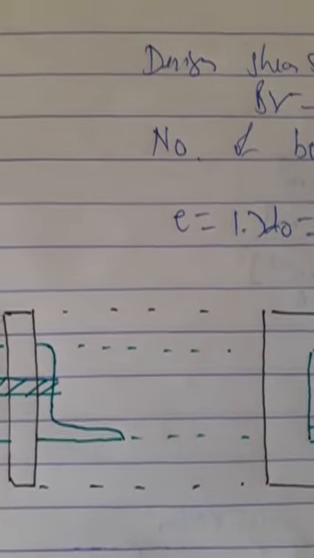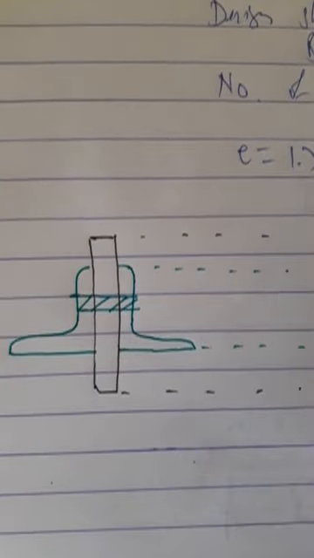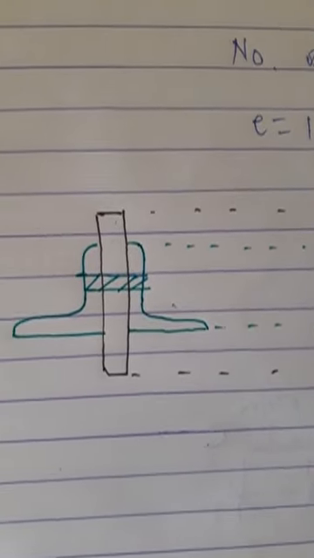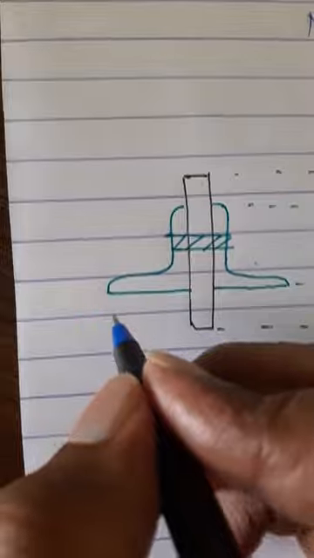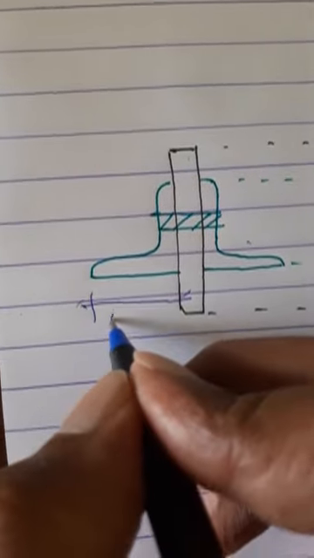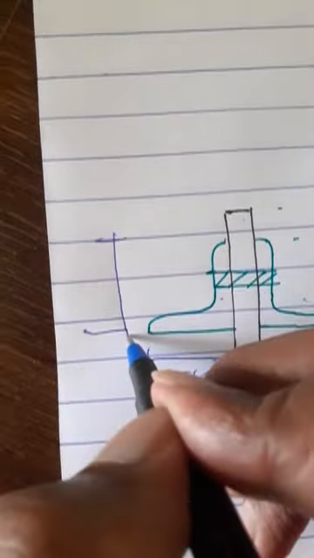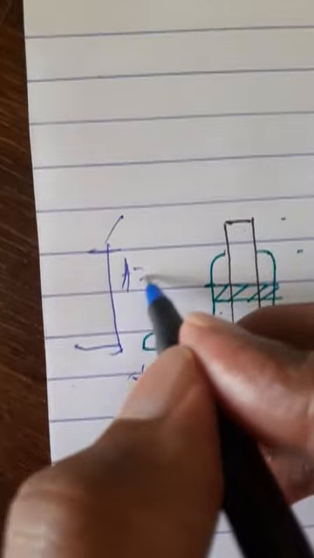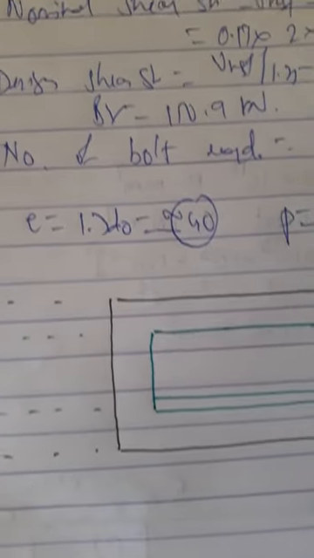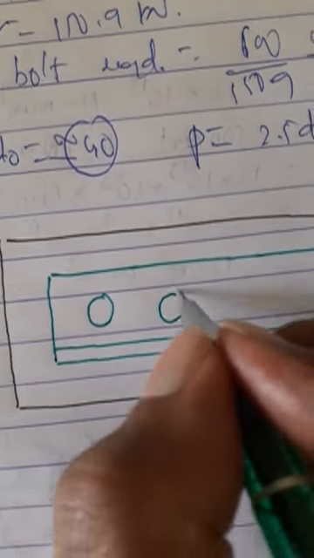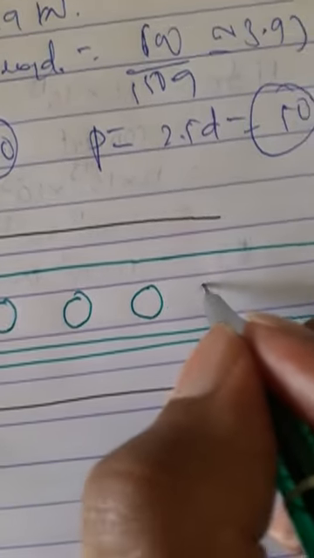Now this is the diagram of the connection. This is the in-between gusset plate, 2 angles. So for these 2 angles, let this outstanding leg be b, equal to 80. This is the connected leg. For connected leg, a is equal to 80. Now let us put 4 bolts here. 1, 2, 3, 4. After that there is the plate.